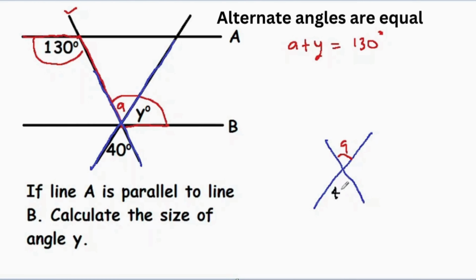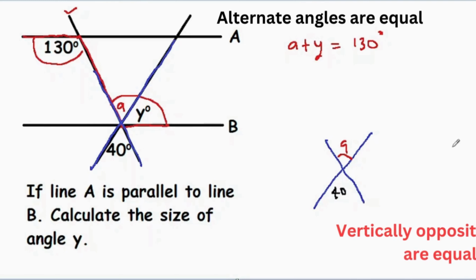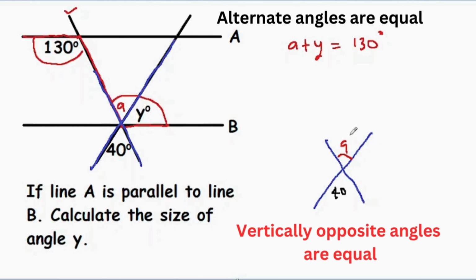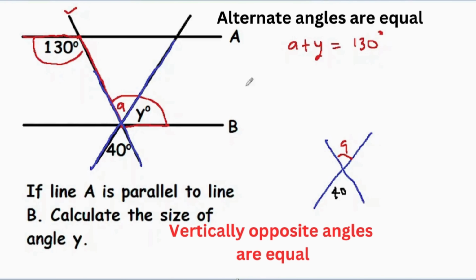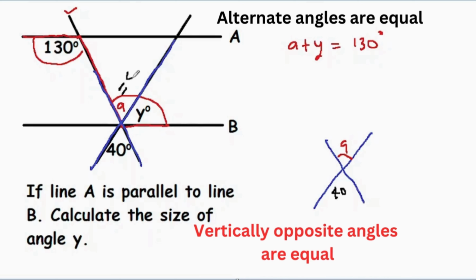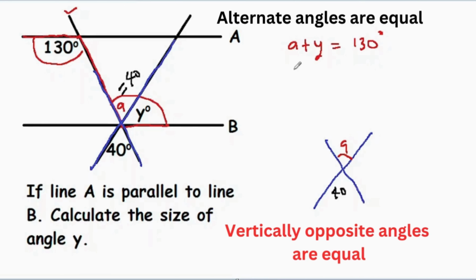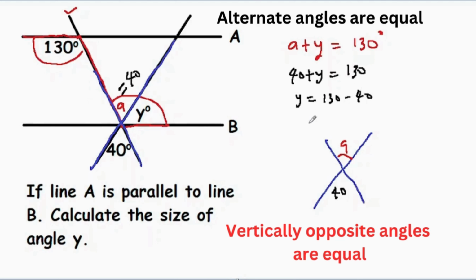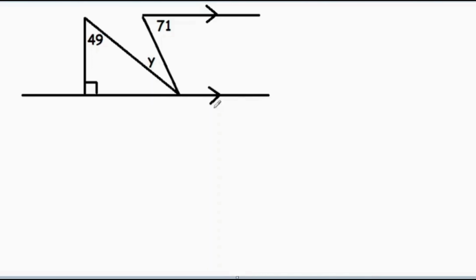All right, so these are vertically opposite angles. Vertically opposite angles are equal. So A is equal to 40 degrees. So therefore 40 plus Y is equal to 130. So what is Y? Y is 130 minus 40, and that is going to give us what? Y is 90 degrees.